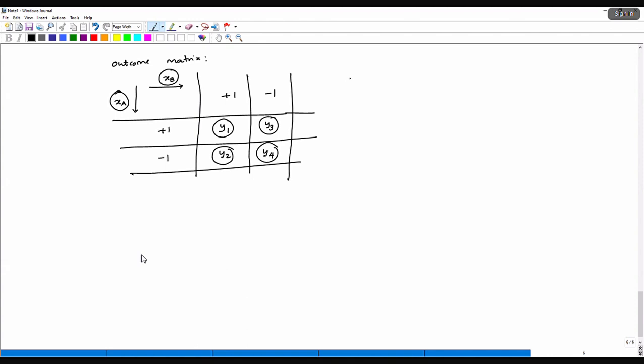Okay, so we can construct a simple regression model to relate the yi's with the xi's. So how do we do that? We use a regression equation.